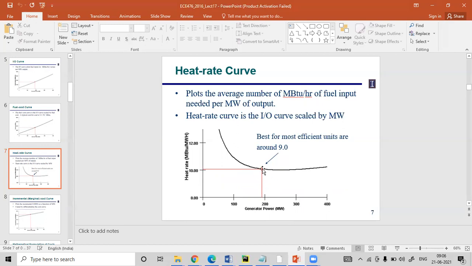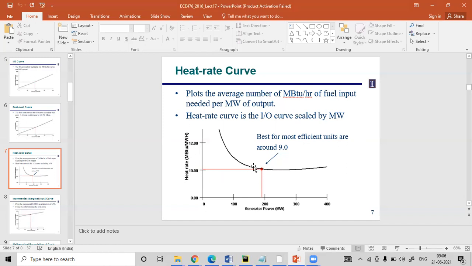This lowest point is the best for the most efficient unit, right? What does it mean? It means this point represents the minimum heat rate required to generate maximum power.